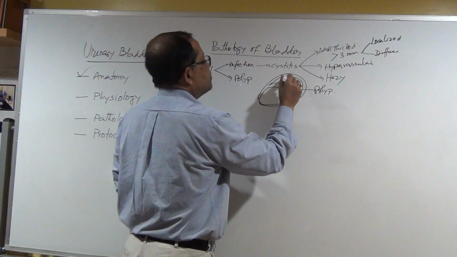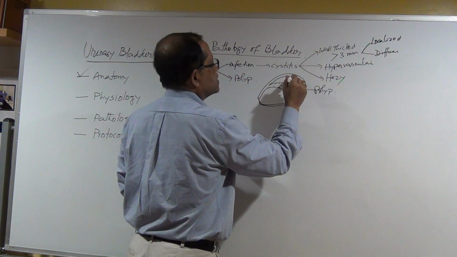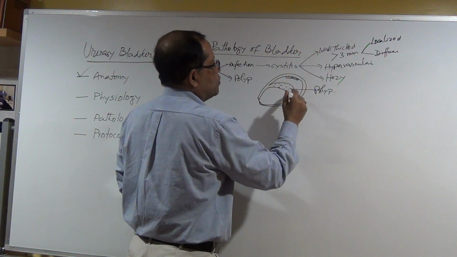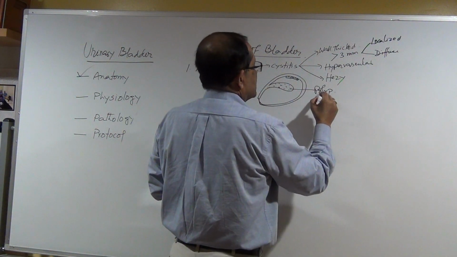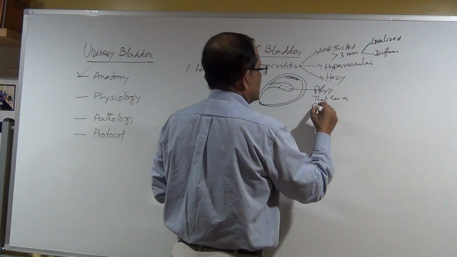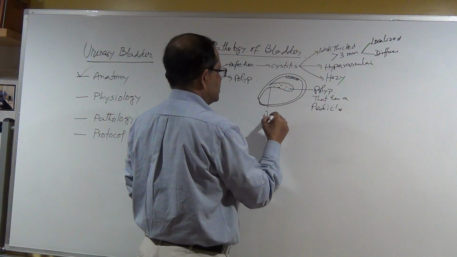There might be a polyp that is not pedunculated. A polyp could be like this, a cuboid polyp. This is a polyp that has a pedicle. What is the pedicle? This is the pedicle.